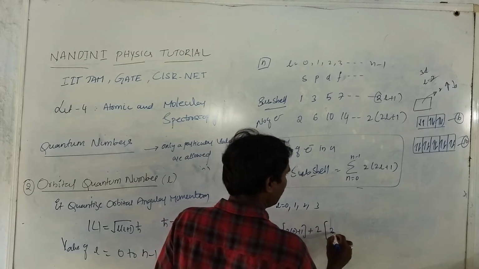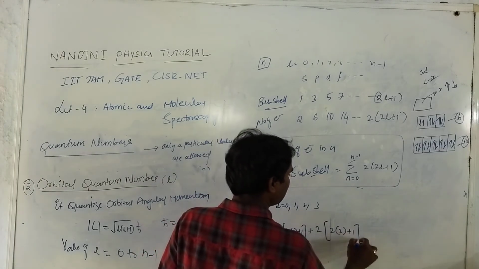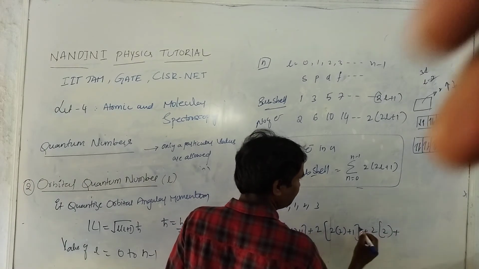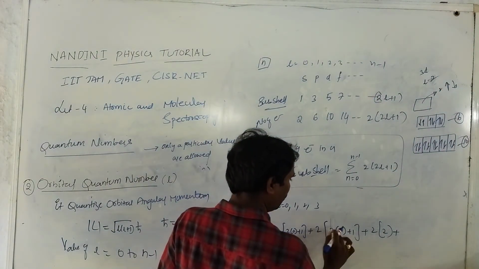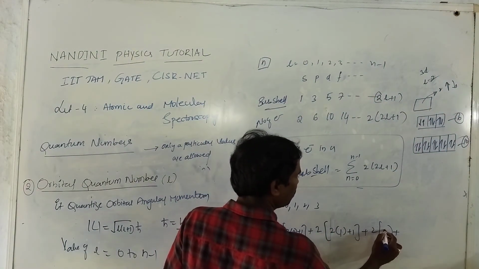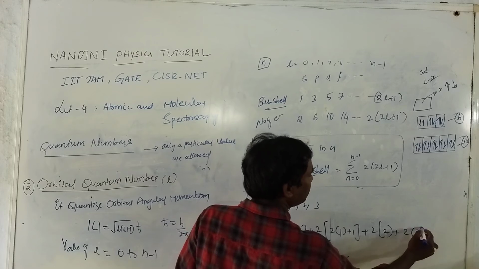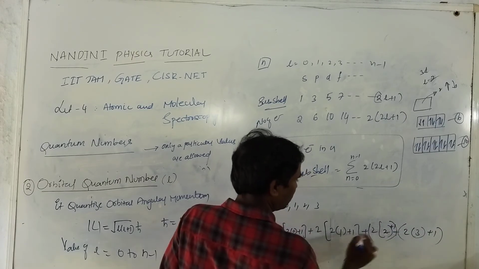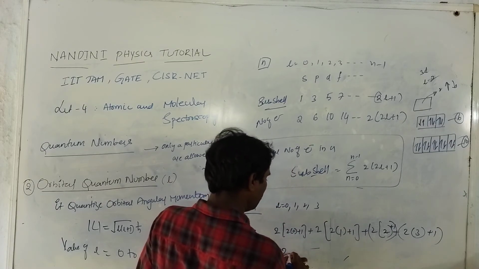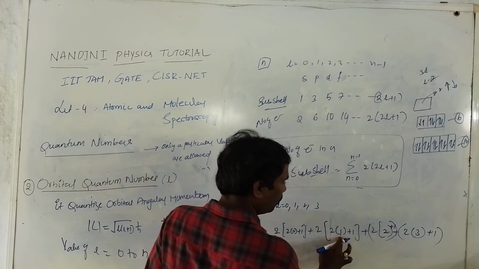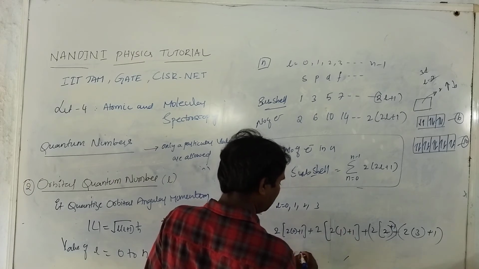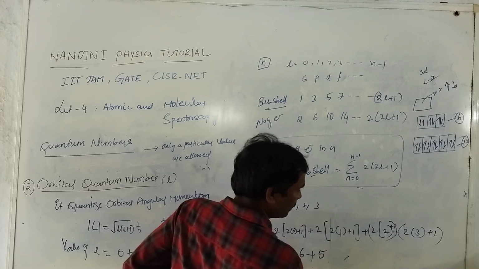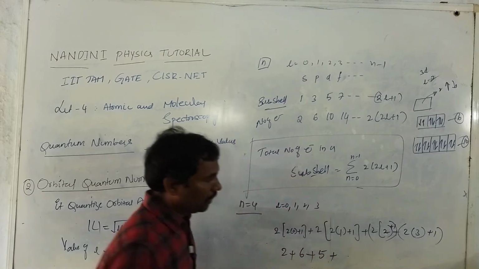So 2 into 2 times 0 plus 1, plus 2 into 2 times 1 plus 1, plus 2 into 2 times 2 plus 1, plus 2 into 2 times 3 plus 1.